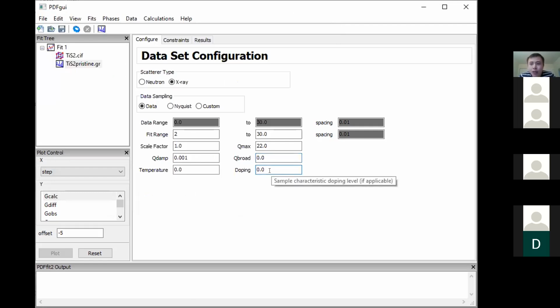Doping is just for the record of information. For example, let's say you have lithium cobalt oxide, right? And then you dope, let's put in some big atom, let's say the potassium, right?